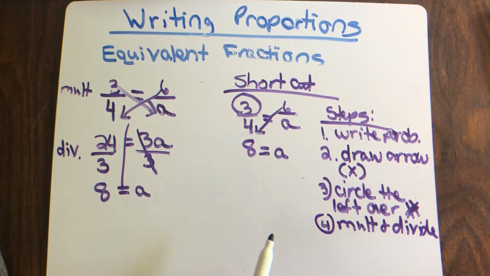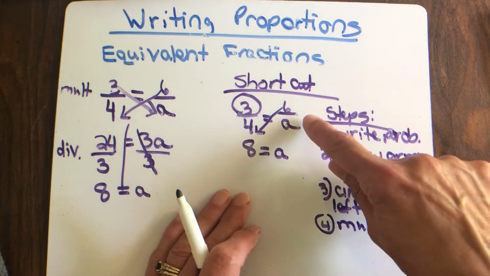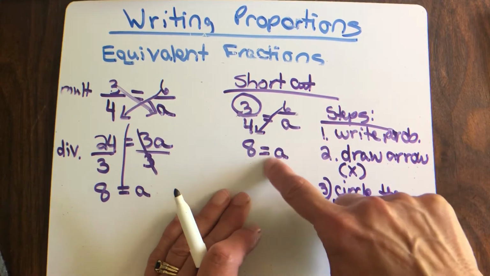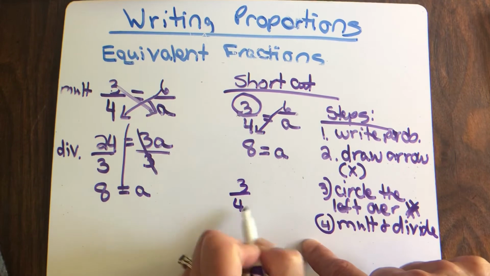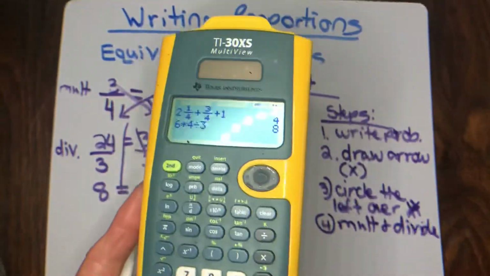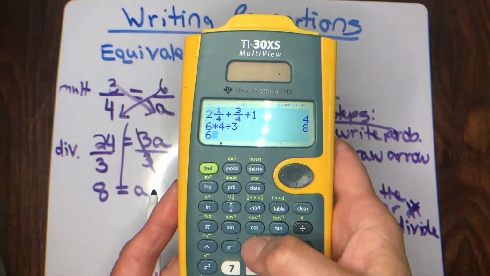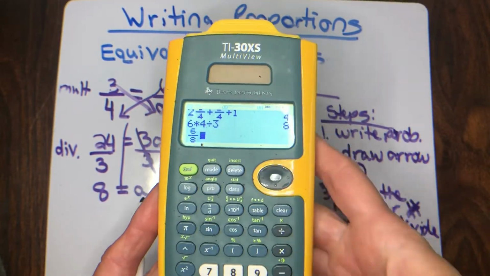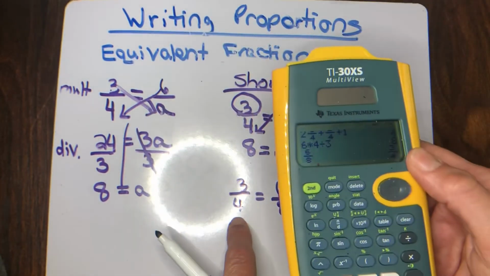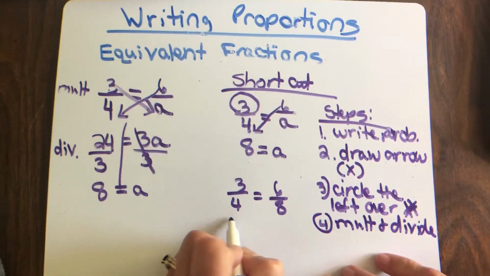Remember, you can read it from either direction. So if A is 8, then 3/4 should be equal to 6/8, and you could double check that. I'll put it on the calculator and show you. 6/8, reduce it. Does it reduce to 3/4? Yes, it does. And so we know that that's the right answer. That's correct.